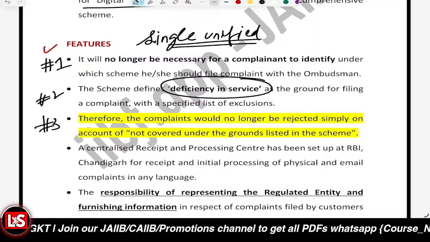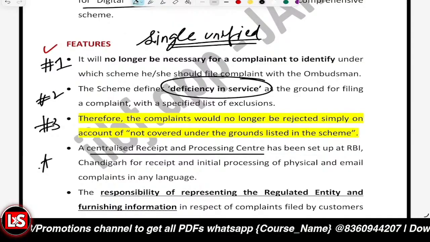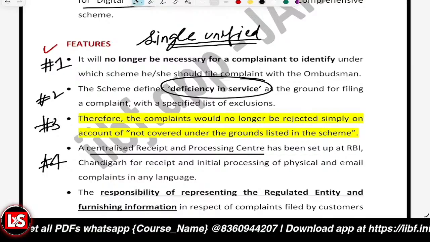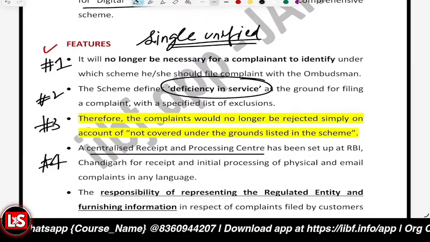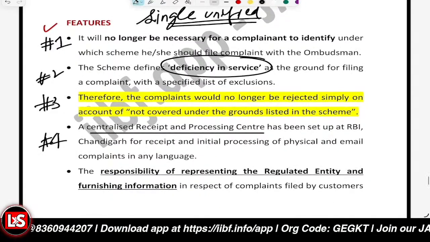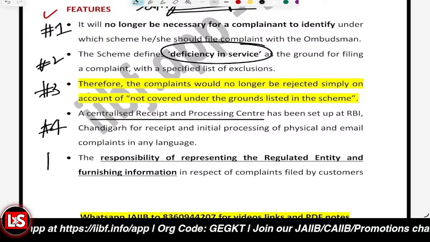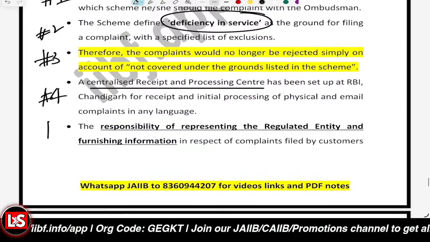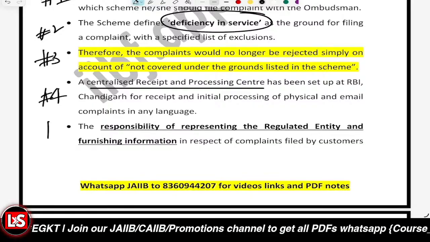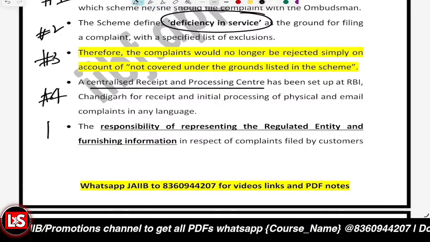And there is a Centralized Receipt and Processing Center, CRPC, at Chandigarh, established by the RBI, where multi-language complaints can be handled. Physical and email complaints can be submitted in any of the languages.